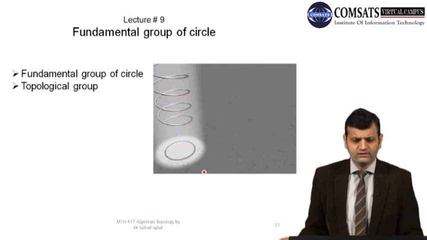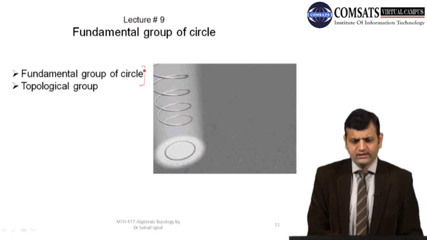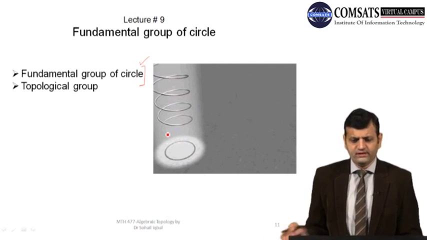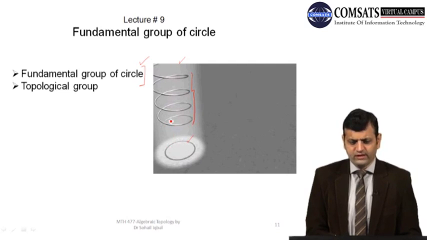In the last portion of this lecture we defined what a topological group is. Remember that we used this result, for example, when we were discussing the covering space of a circle. In this diagram you can see that it's a circle and it is the covering space of a circle. More or less the idea is the same when we were trying to calculate the winding number. The winding number is how many times we are circling around the circle.